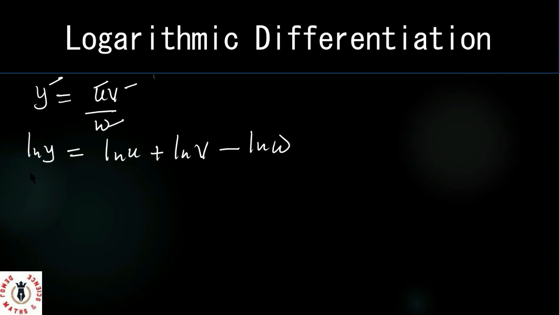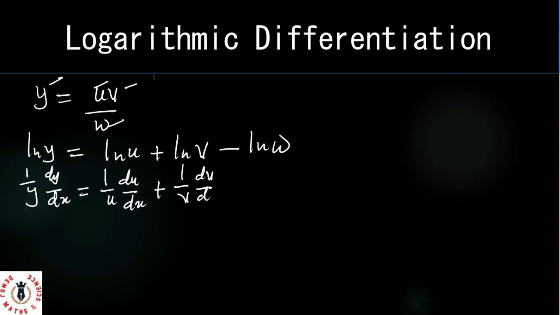We'll be saying that 1 over y dy/dx is the same thing as 1 over u du/dx plus 1 over v dv/dx minus 1 over w dw/dx. This is actually the basic principle behind logarithmic differentiation, and we're going to apply this in solving our problems.